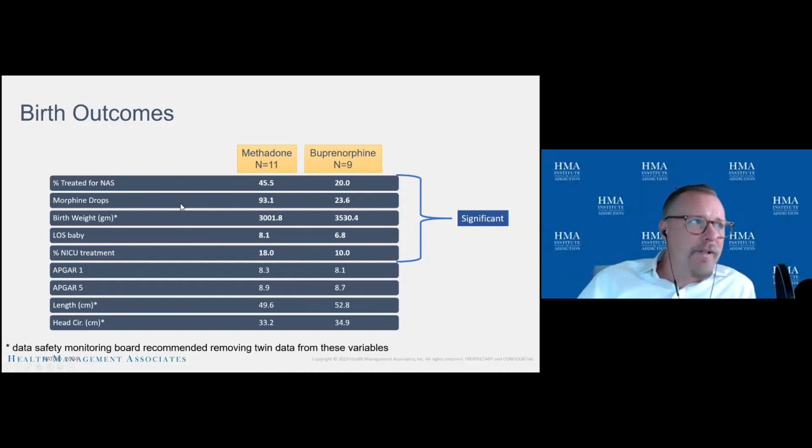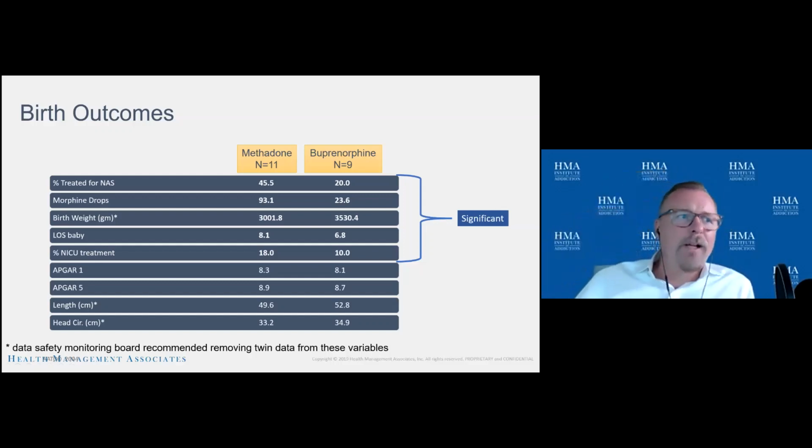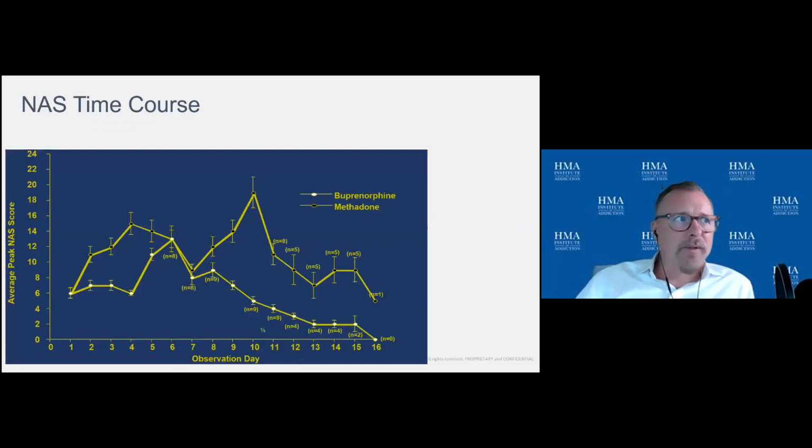And the amount of morphine needed was a lot less. And then the birth weight was higher, and length of stay by the baby was a lot less as well. And percent in the NICU treatment was statistically significant less as well. So it is probably now, all things being equal, the gold standard would be to initiate buprenorphine if at all possible. But obviously any treatment at the very beginning, stabilizing mom, is great.